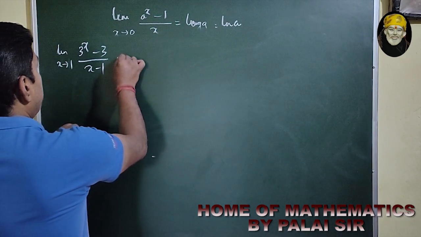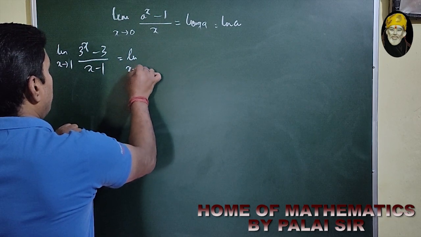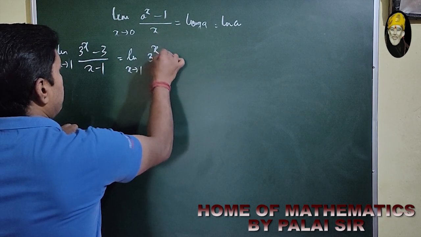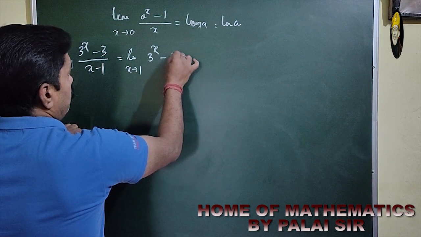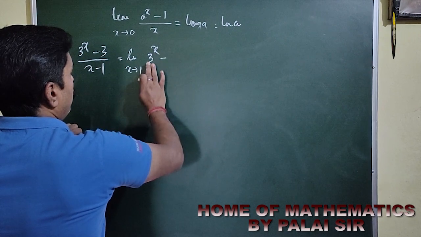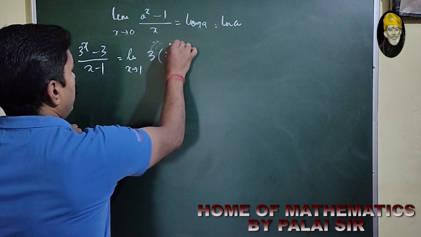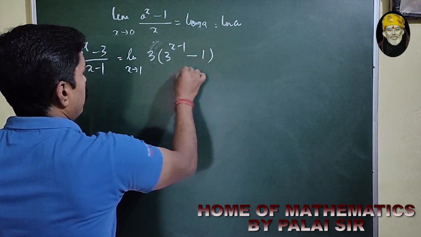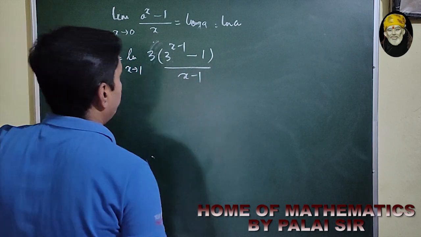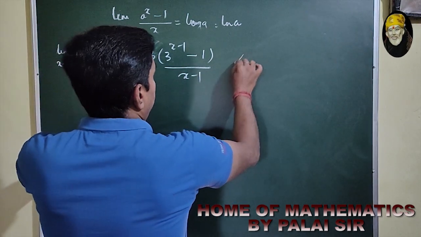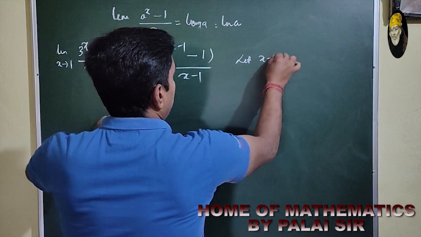Now this can be written as limit x tends to 1, this is 3 to the power x minus 3, or we can take common what? When you are taking 3 as common, it will be 3 to the power x minus 1 minus 1 divided by x minus 1. You take here let x minus 1 equal to y.